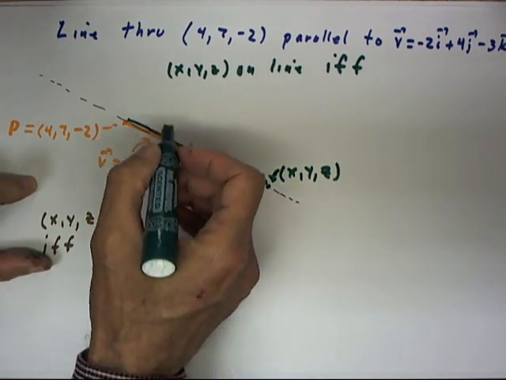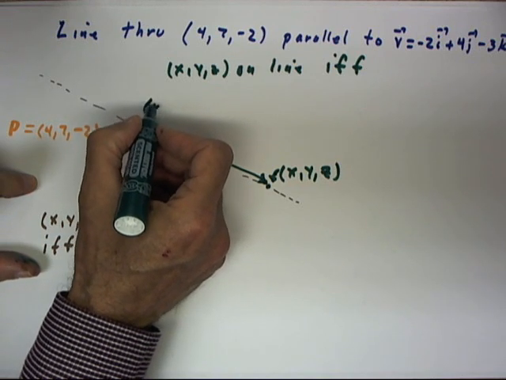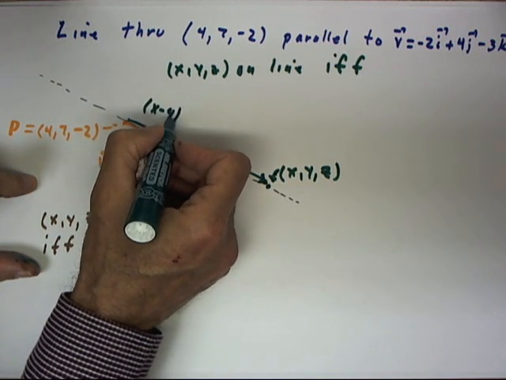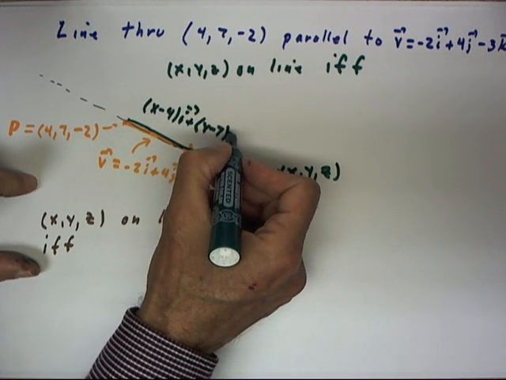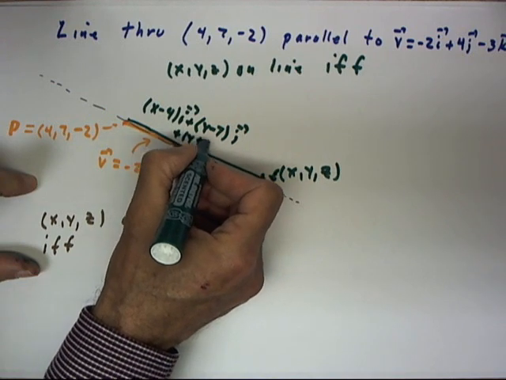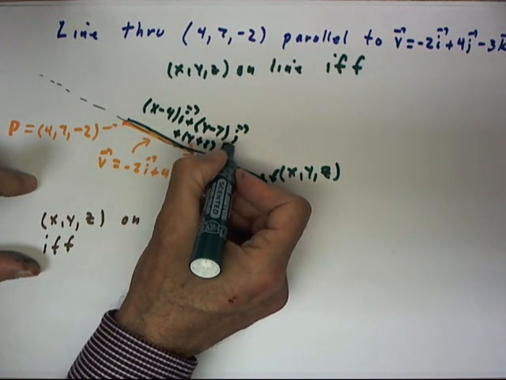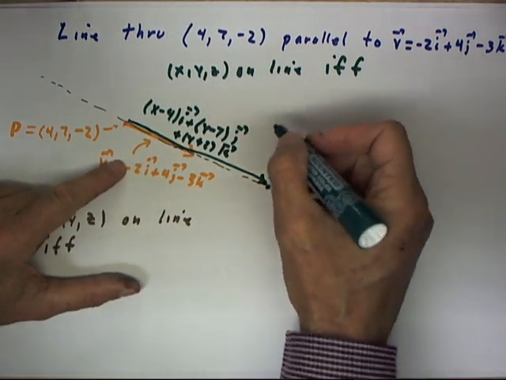Let's call this the vector. Well, what is this vector? It's x minus 4 i plus y minus 7 j plus z plus 2 k. So this vector has to be parallel to this vector.